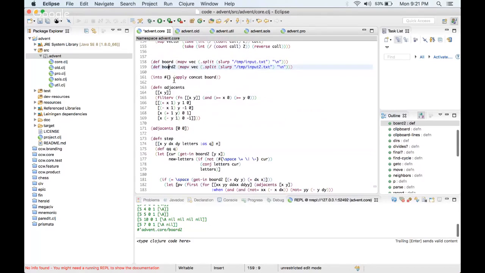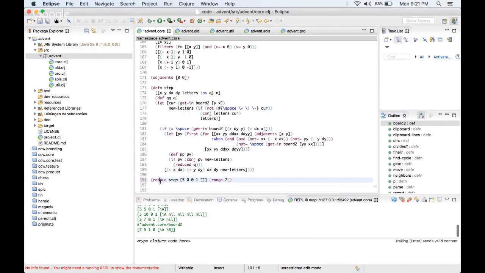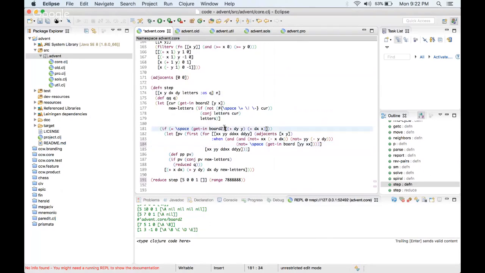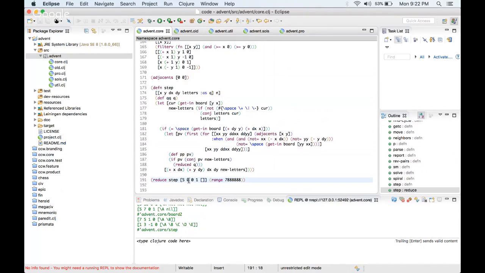Okay. There's AB. Okay, there's A, B, C, D, E, which is good. But the problem is we change this back to board 2. And this does look like it's... Huh.